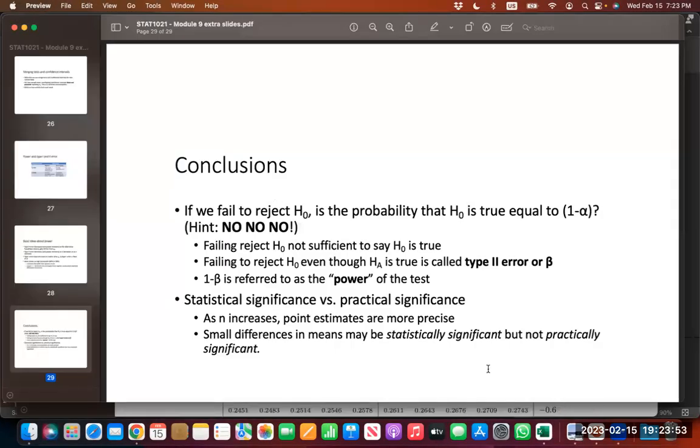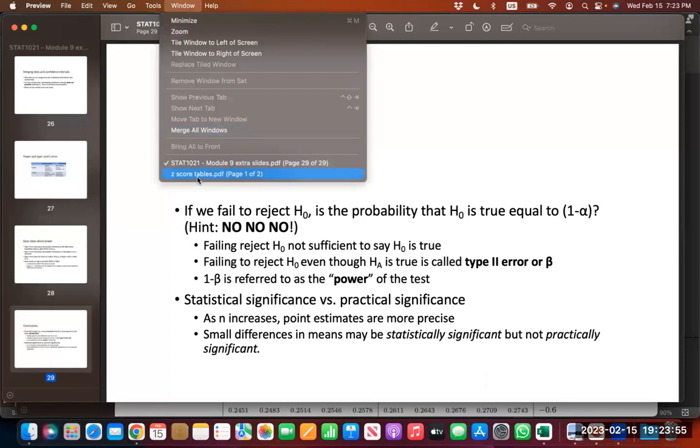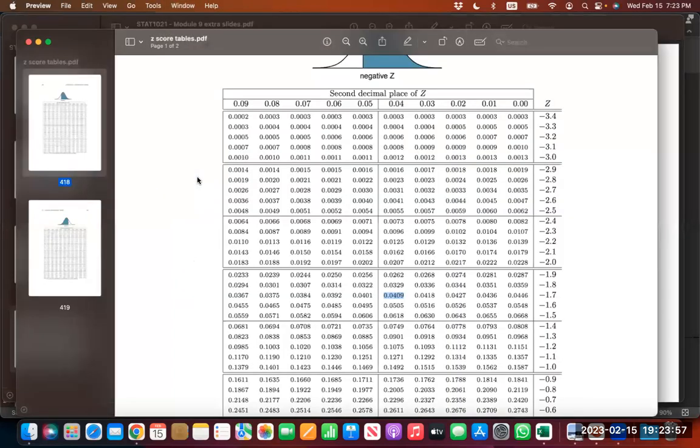So I told you about the 1.96, and why is it 1.96? Because at 1.96, you have 0.025. And 0.025 multiplied by 2 is 5%. And that's why 1.96 is the appropriate z score to choose for an alpha of 5%.